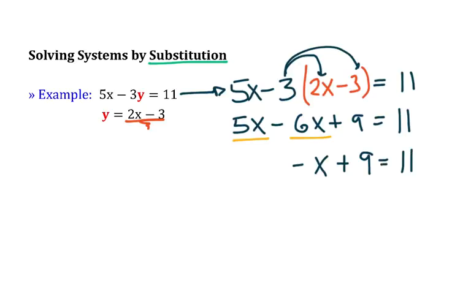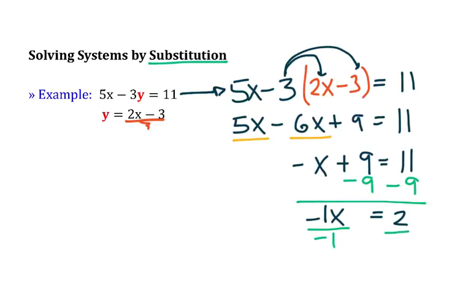I'm trying to get x alone, so I'll go ahead and subtract 9 from both sides of our equation, leaving negative x is equal to 2. I want x alone. I still have negative x, or negative 1x, so I could divide both sides by negative 1, and now we have x equaling negative 2.